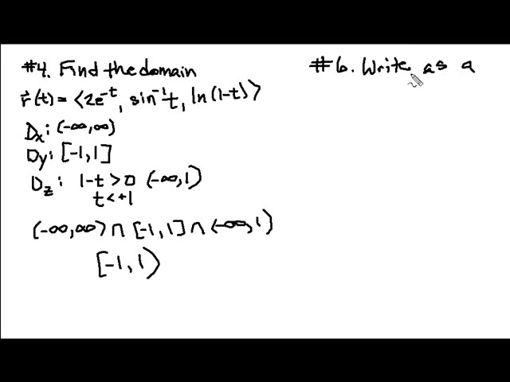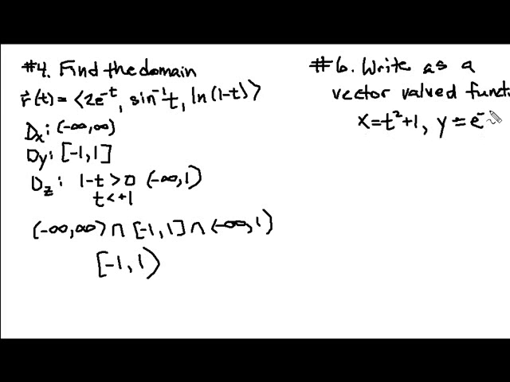So let's see, write as a vector-valued function, and the parametric equations that they give us are x equals t squared plus 1, y equals e to the negative 2t, so our vector-valued function, we just need to give it a name.